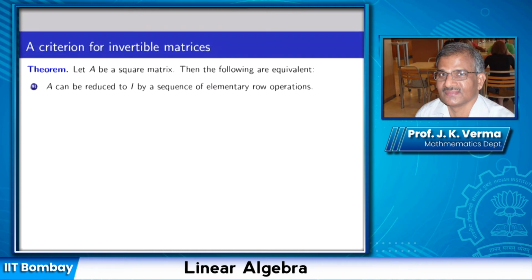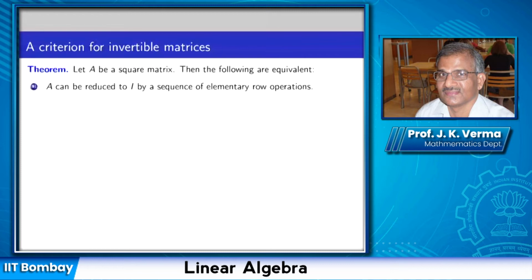We observed, I didn't prove this, but you can read the proof, that the row canonical form of any matrix is unique. So if I can reduce a square matrix by elementary row operations to the identity matrix, then the identity matrix is the row canonical form. That is the first statement.